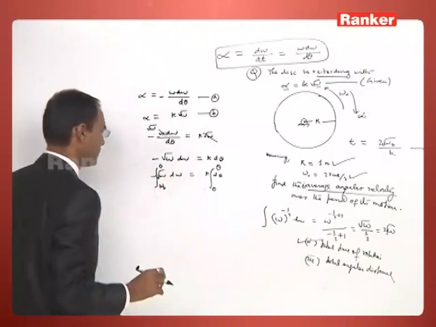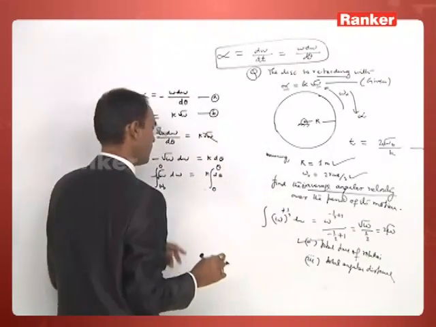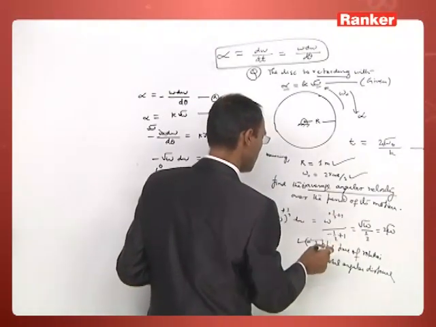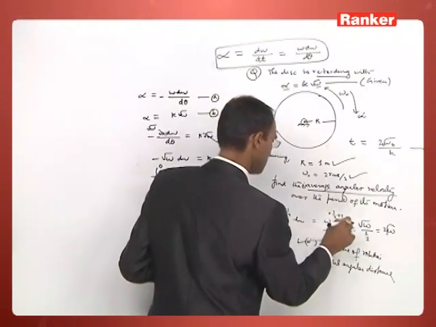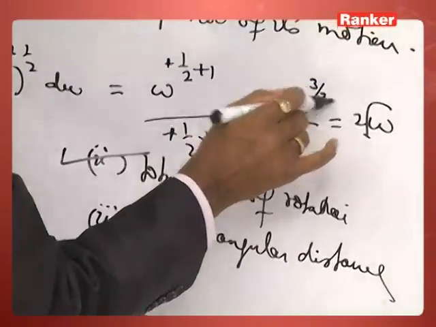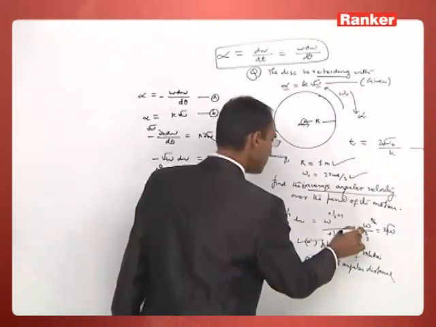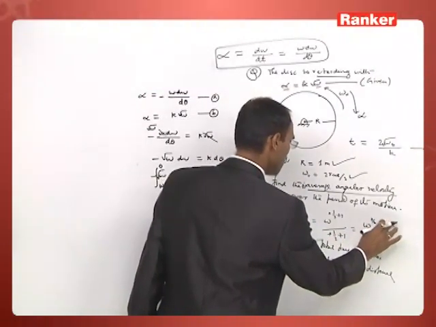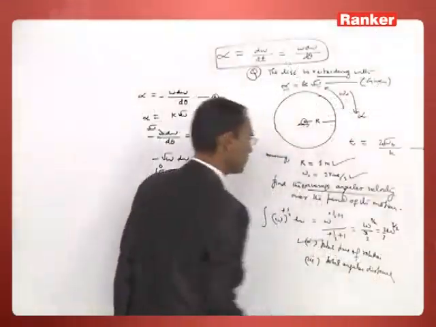The integration of omega to the power plus half is equal to omega to the power plus half plus 1 by plus half plus 1. This will come around omega to the power 3 by 2 by 3 by 2. This will be 2 by 3 omega to the power 3 by 2.